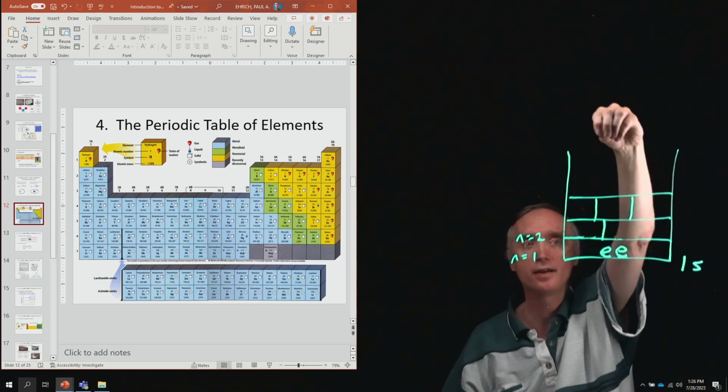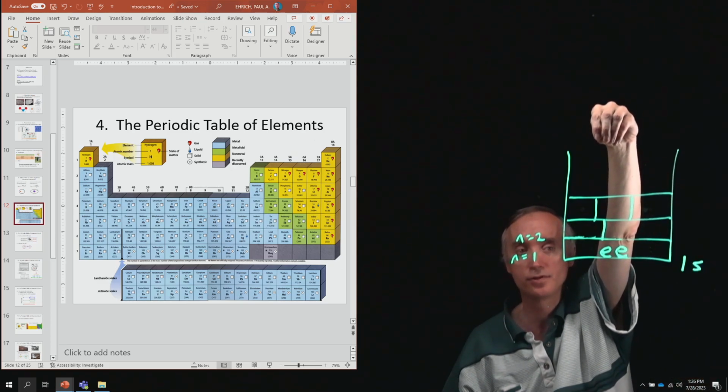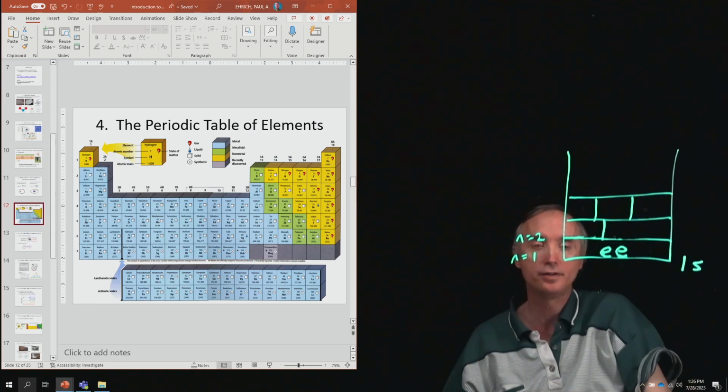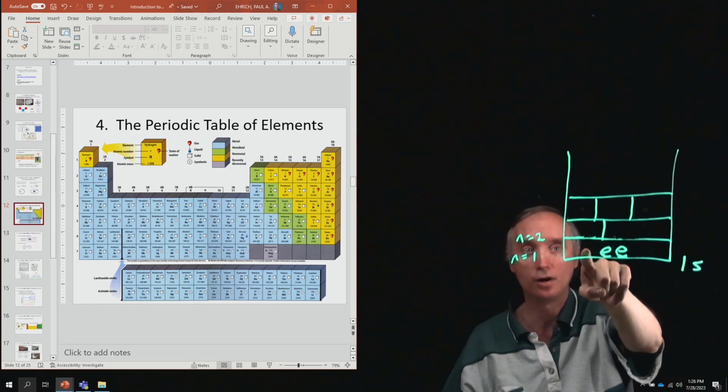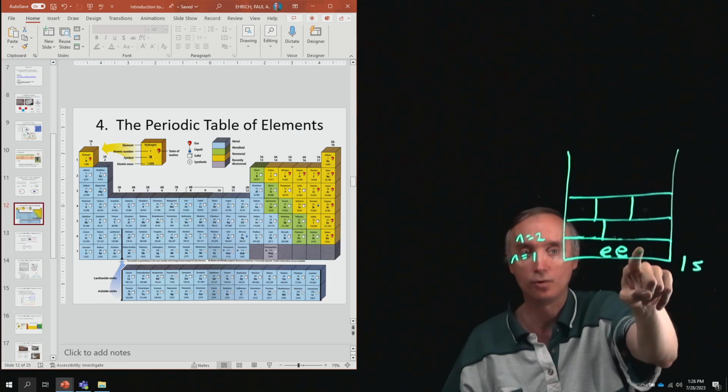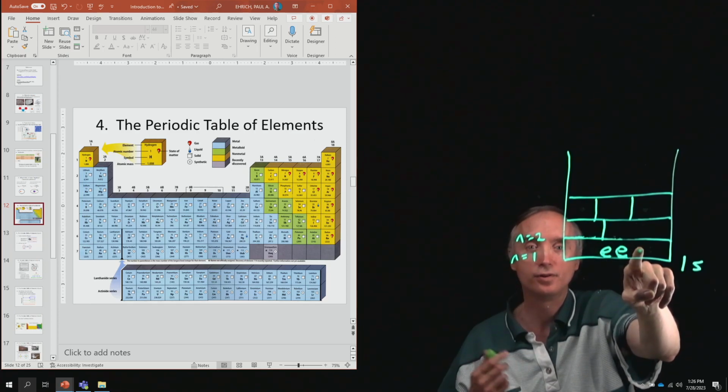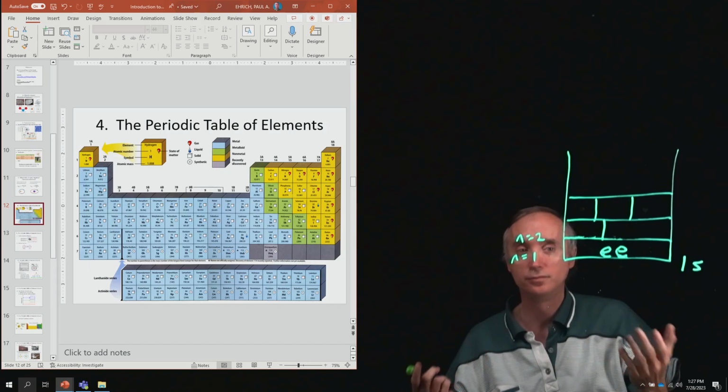All right, now we're going to take 3 electrons. So we drop 1, 2, and the third electron into the hotel. Where does the third one go? Well, now it cannot go onto the ground floor. Now, I know that you're wondering why.